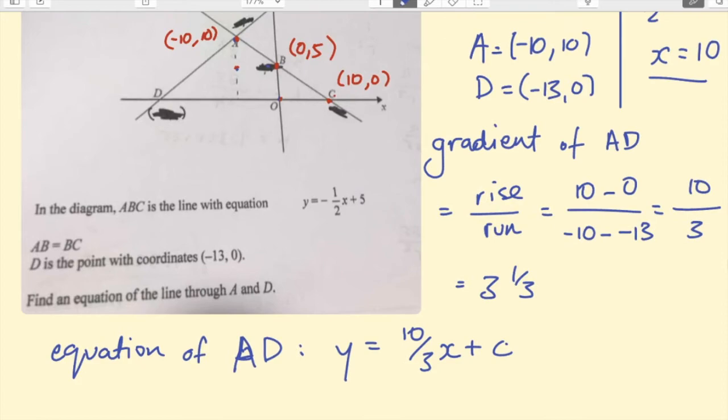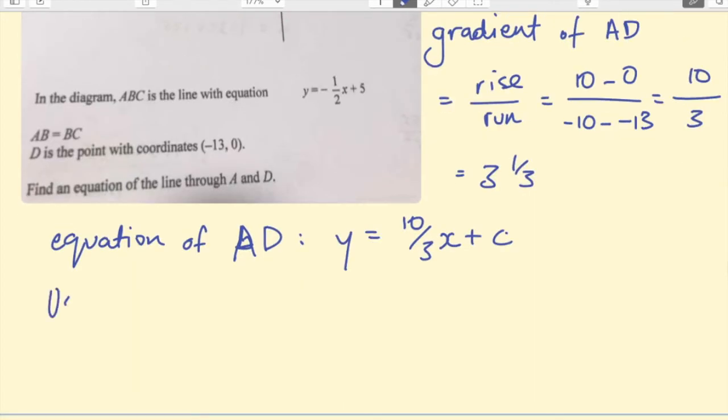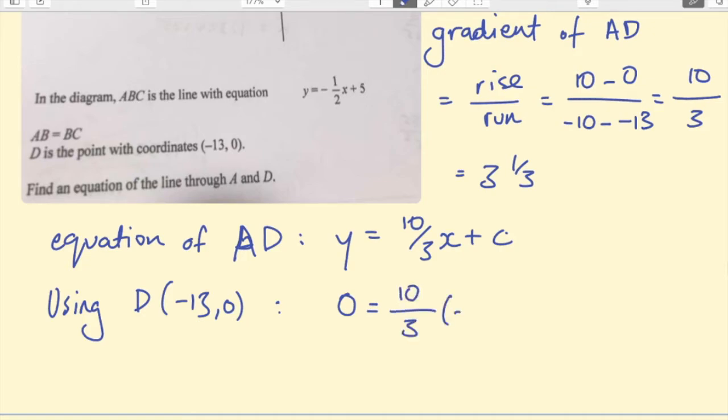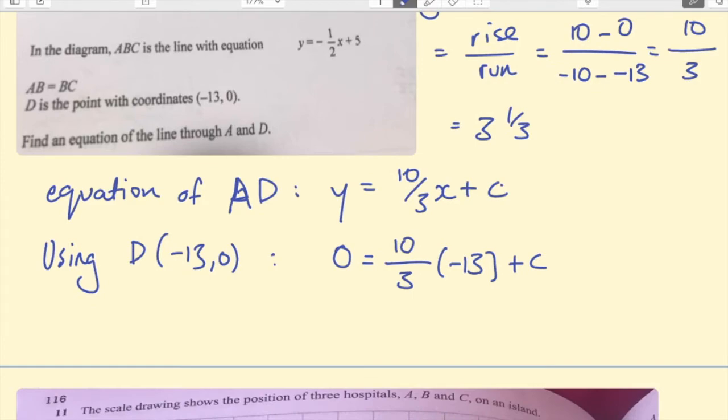So using D, which is (-13, 0), I can substitute those points into this equation. So y is 0, x is going to be -13, and then add c. And what this allows us to do is to find the value of c. So I can solve this equation to find c.